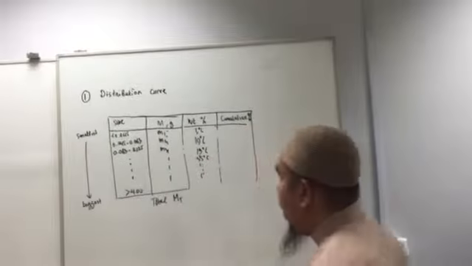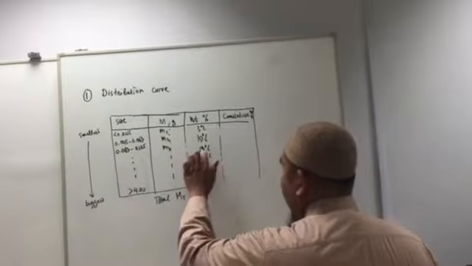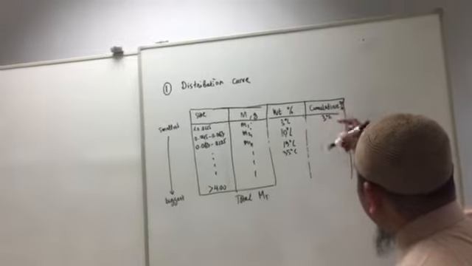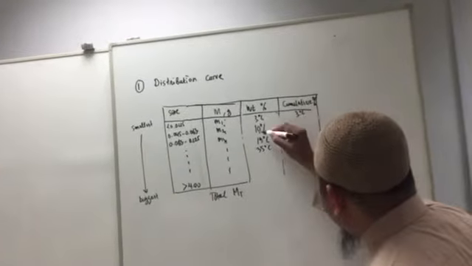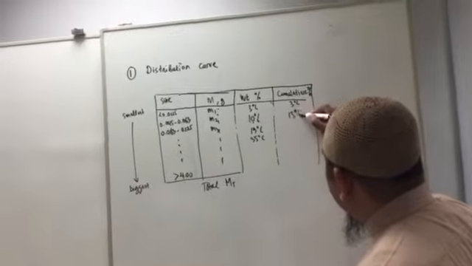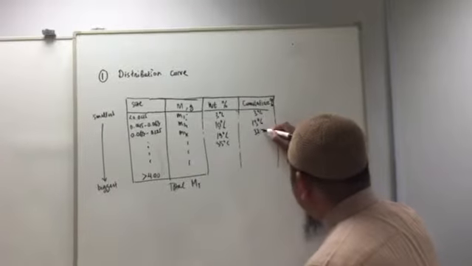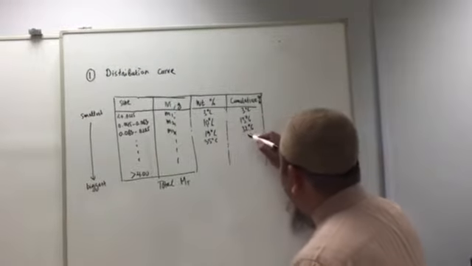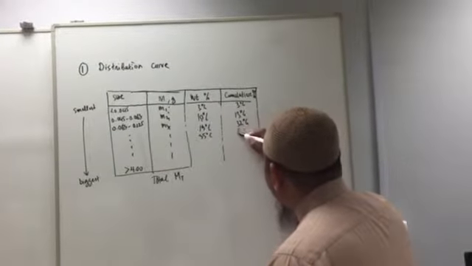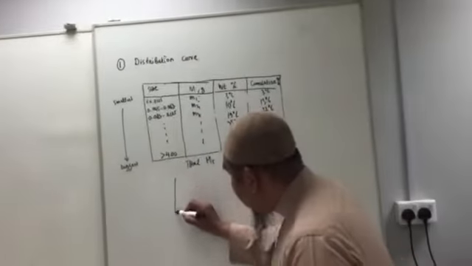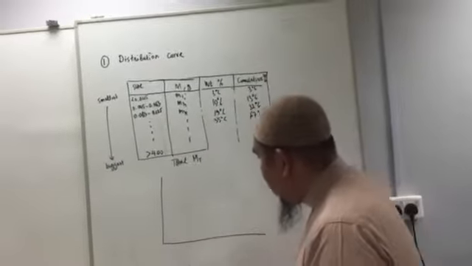So the first one will be 3%. The second one, 3 plus 10. The next one will be 32%. Next one will be 67%. Okay? After that, make a plot.